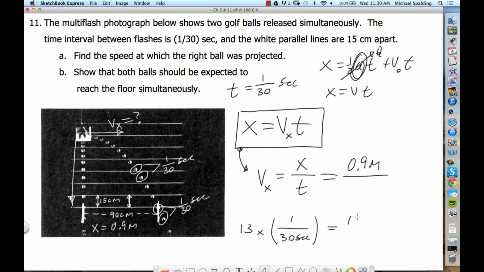So this gives us 13/30ths of a second, which is what? 13/30ths is 0.43 seconds. Okay, so we go 0.9 divided by 0.43, about 2.1 meters per second.